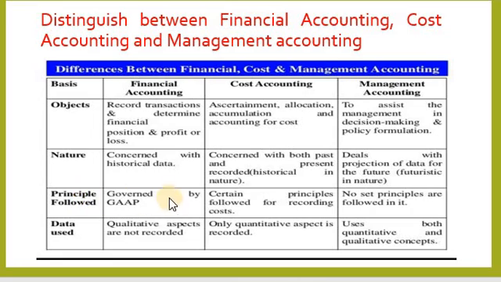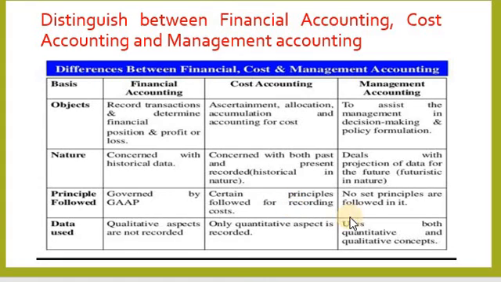The principles followed. Financial accounting follows GAAP principles. They must follow them when they want to prepare the financial statements. Generally accepted accounting principles. Cost accounting doesn't need to follow any principles, but they have to maintain certain principles for preparing costing and some other costs.